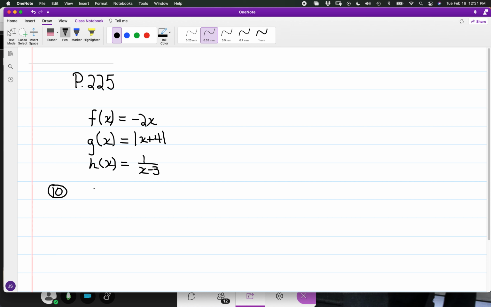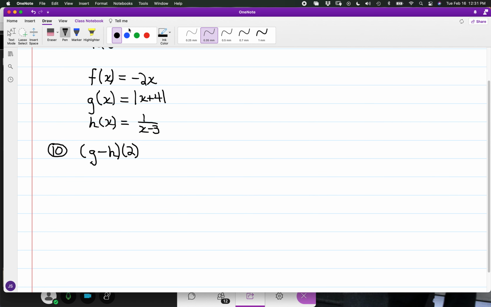we're trying to find out just what the value of g minus h of 2 is going to be. And there are at least a couple of ways that you can go about this. And just tying in the earlier terminology, we have applying the general case.